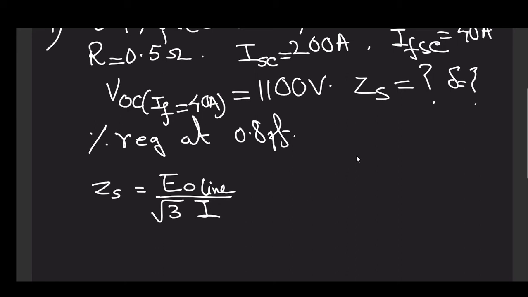So what we will get, ZS is, two ways you can do it: you can have 1 upon your SCR in per unit value, or you can directly figure it out.